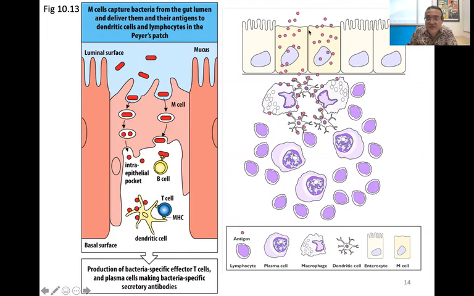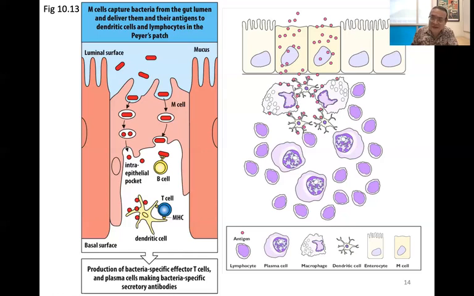So you have all kinds of antigen, potentially bacteria coming in, and they're just met by tons and tons of immune cells, both adaptive immune cells, like plasma cells, as well as more innate effectors, things like macrophages, things like dendritic cells, right? And in this way, your immune system is able to constantly sample, right, what's going on inside of the gut.